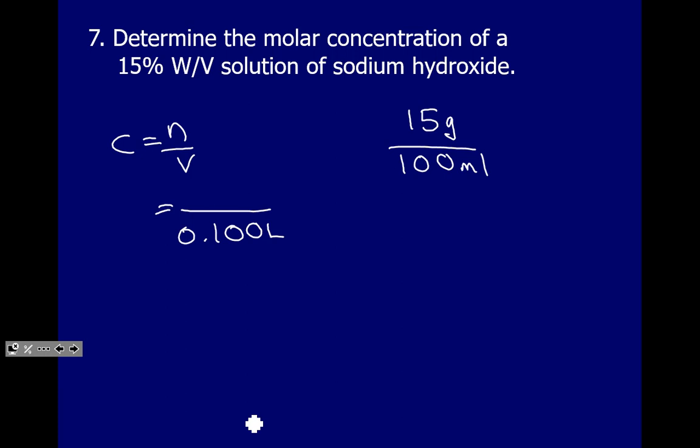I've used sodium hydroxide again. We know the molar mass of sodium hydroxide, no need to recalculate that. We'll do our calculation, get the number of moles in 15 grams, put it in, and we will have converted it into a molar concentration. NaOH is 40 grams per mole.